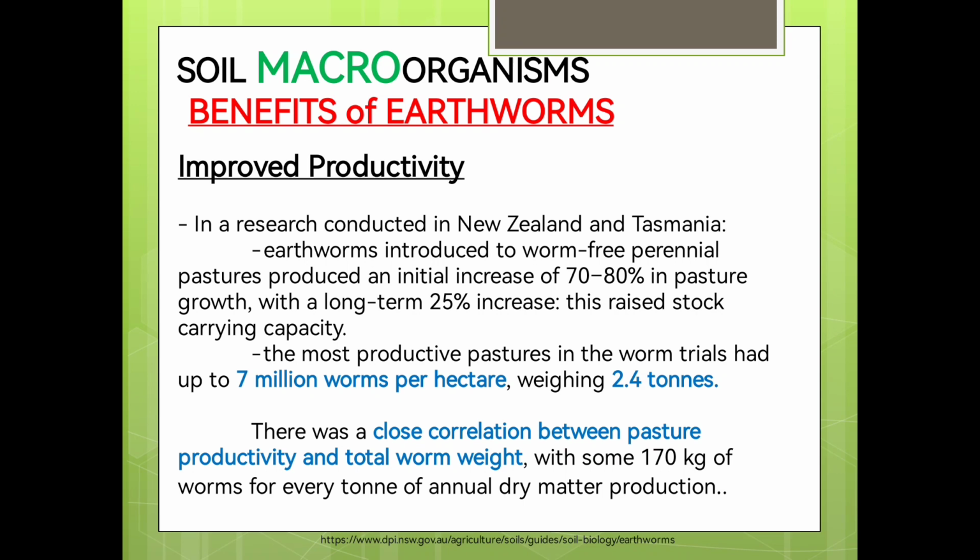And the most productive pastures in the worm trials had up to 7 million worms per hectare, weighing 2.4 tons. And there was a close correlation between pasture productivity and total worm weight. So, mas maganda yung pasture, yung grass formation, production, when there is a high population of worms. With some 170 kilograms of worms for every ton of annual dry matter production.